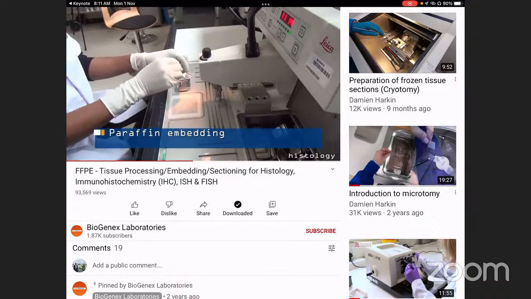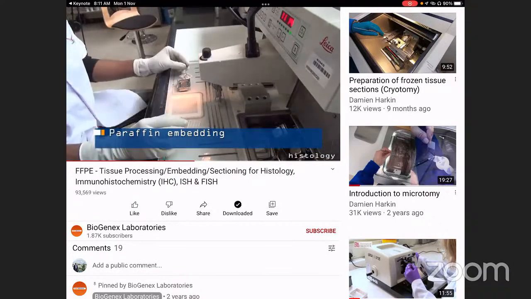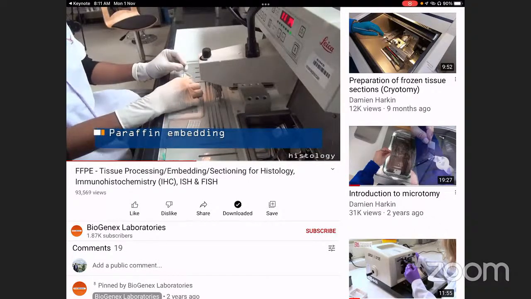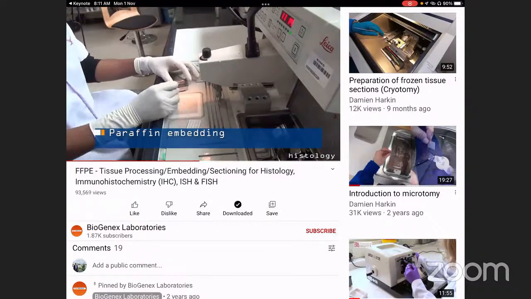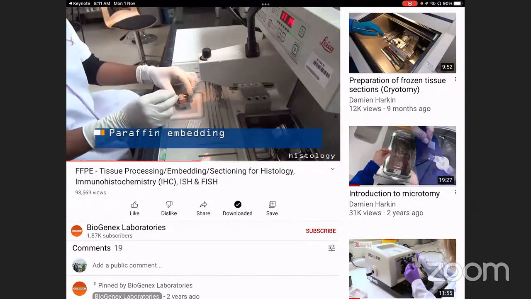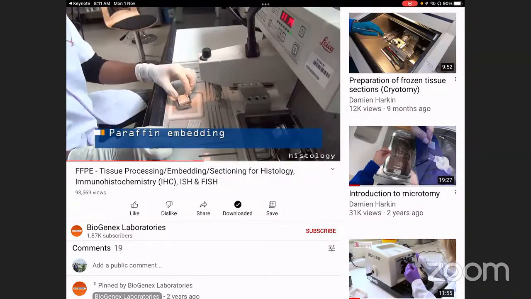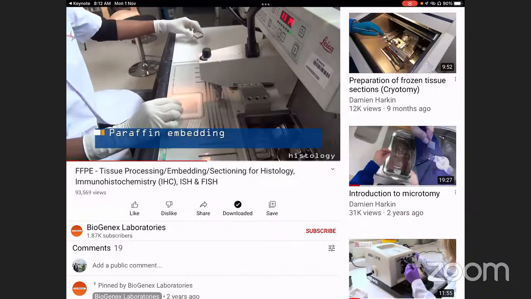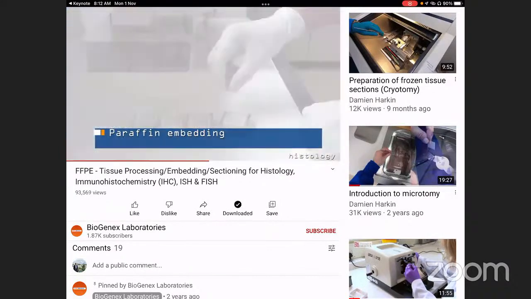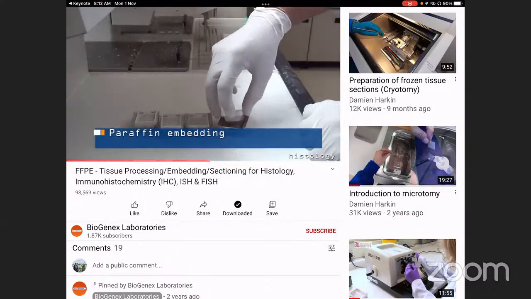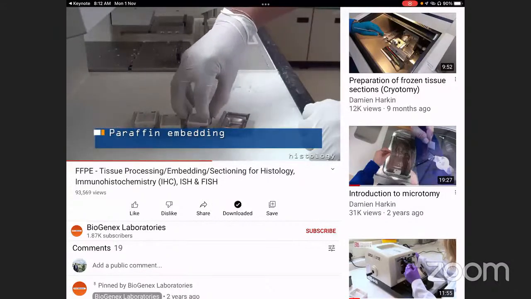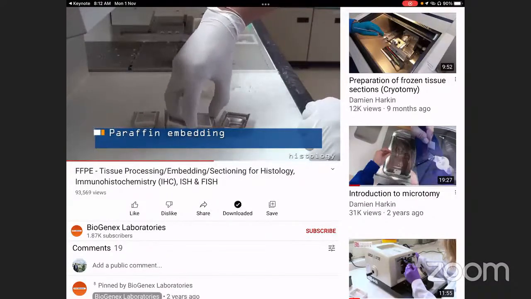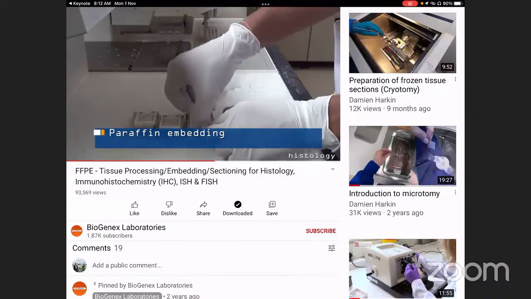The paraffin is then allowed to solidify by putting the embedding molds on a refrigerated surface. Once the paraffin is solid, the entire block with the cassette is popped out of the mold, and the block is ready for thin sectioning using a microtome.